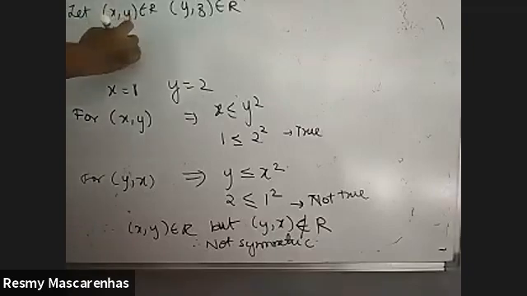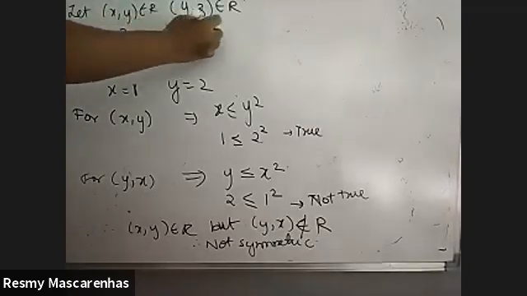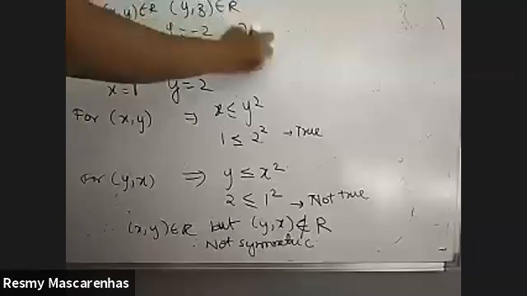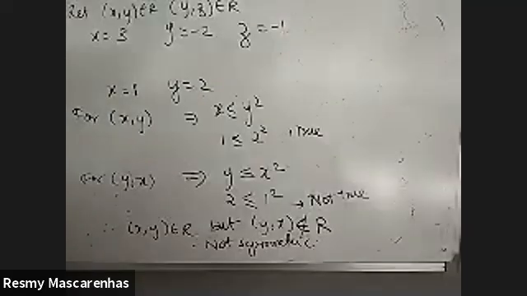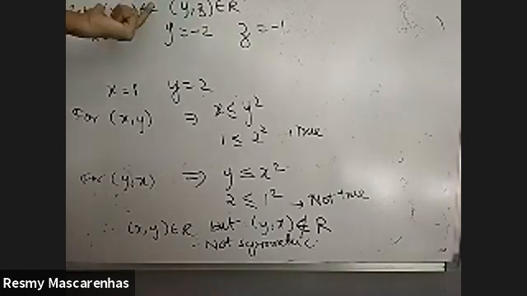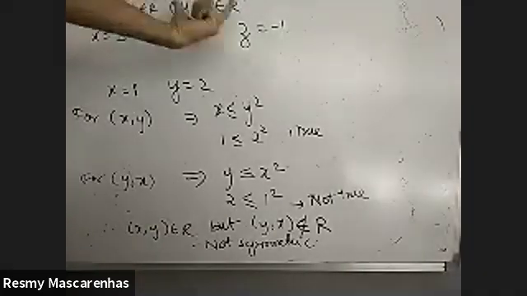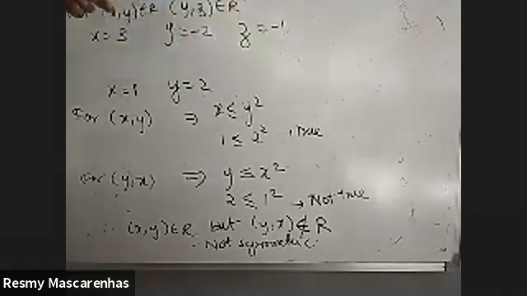X is 3, y is -2, and z I'll take as -1. I have to give one example to show that it is not transitive. Means what? This should be true, this also should be true, but the third one should come out to be false, means not true.